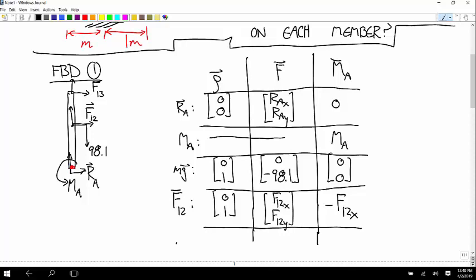And the last one is the force F13. The row vector is 0, 2. The force is F13X, F13Y. And the cross product is negative 2, F13X.